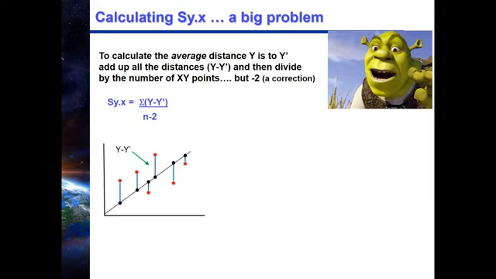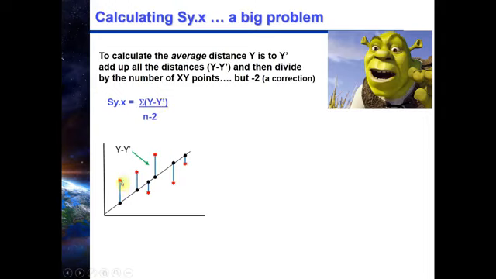Well, it's the same thing here, only now we're trying to figure out how far each y is to y prime. So we're not using how far each x is to x bar. We're looking at the difference, the distance, which is also a difference, but we're looking at the distance between each y and y prime, okay?